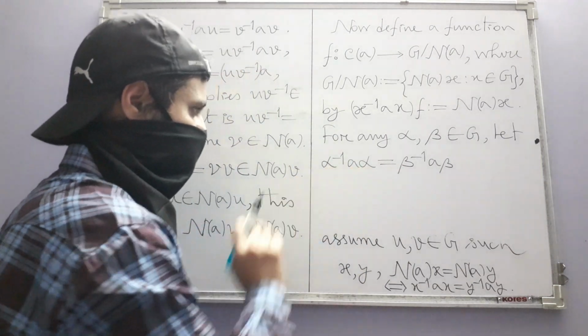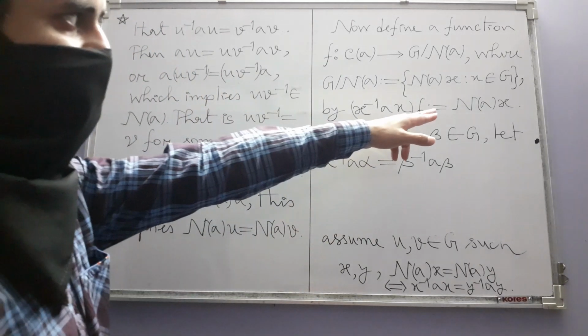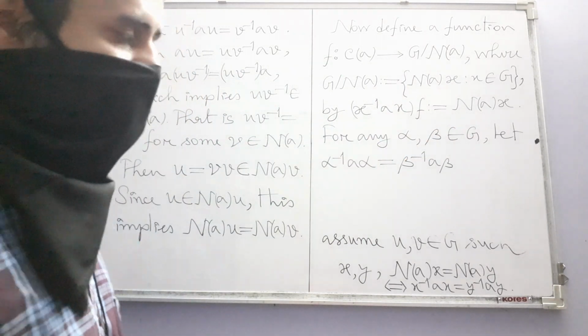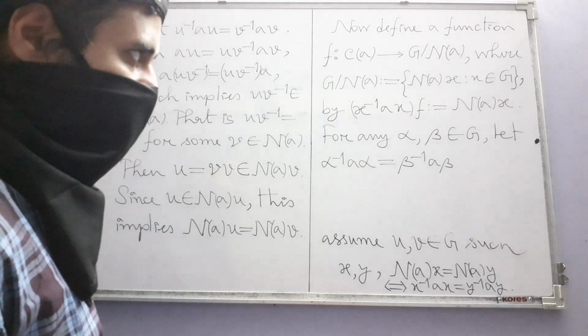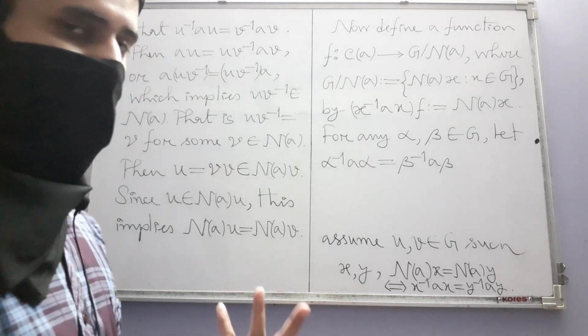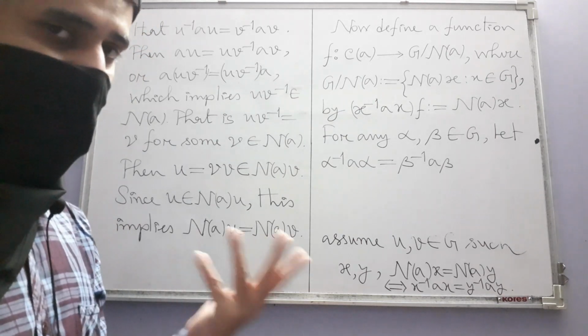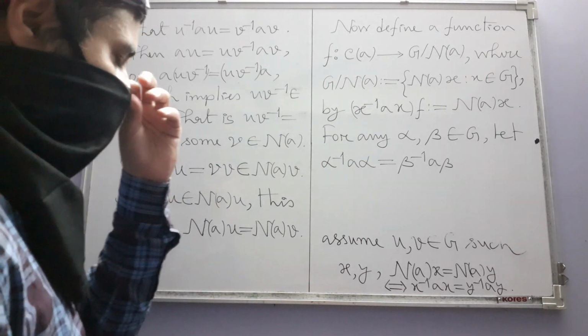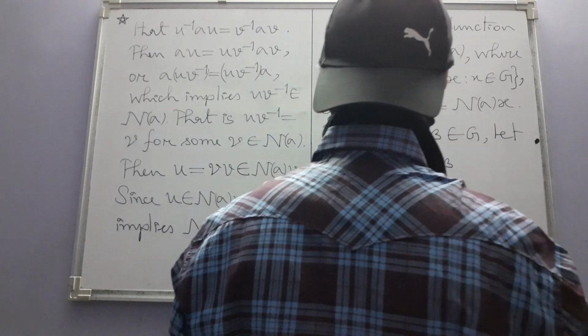Depending on the representation itself, we will then have two different images. Now, if we are unable to prove that the images are also the same, then the function will not be well defined. In fact, it will not be a function at all. So let us now see.